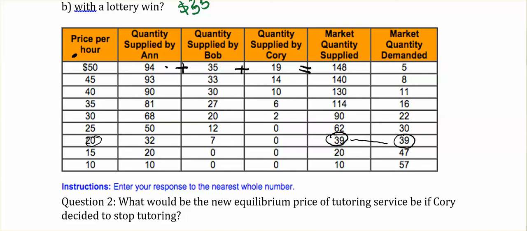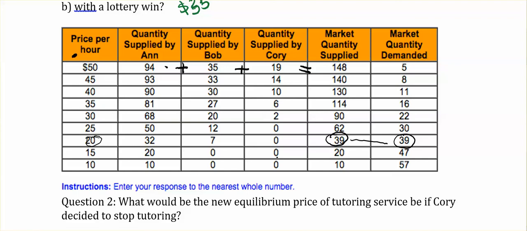So supply equals demand, and we reached the equilibrium: quantity 39 and market price 20.